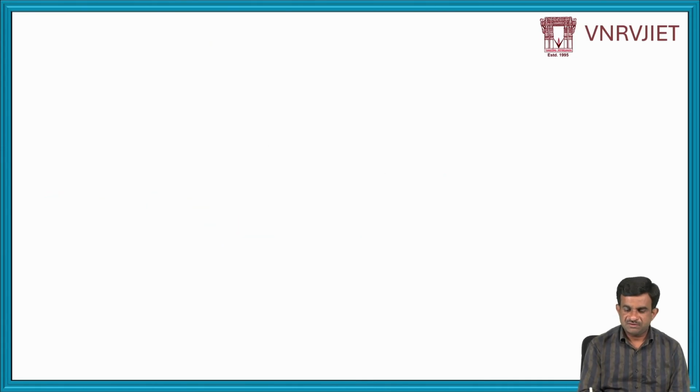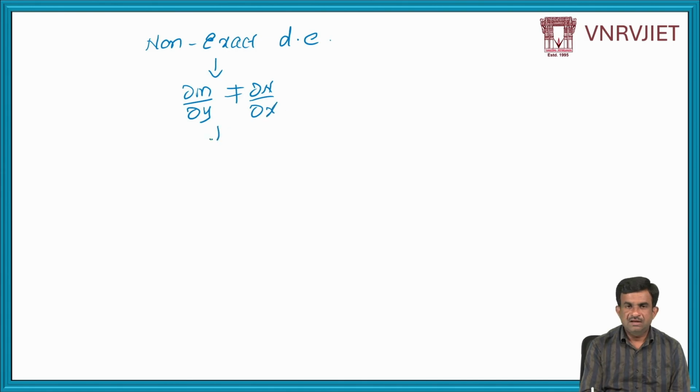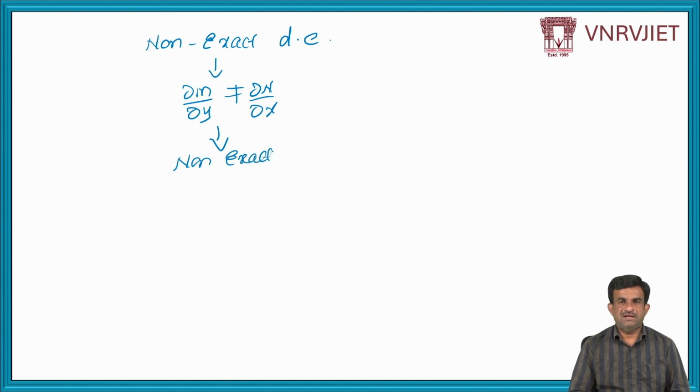In the second lecture, I discussed what a non-exact differential equation is. That is, if dou M by dou y is not equal to dou N by dou x, then we can say that the given differential equation is non-exact.